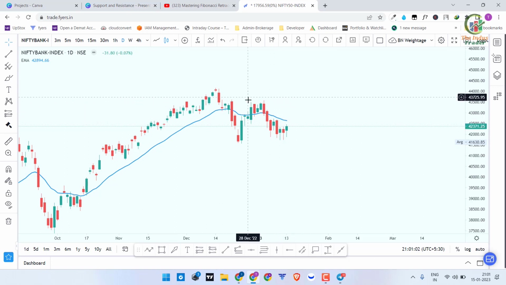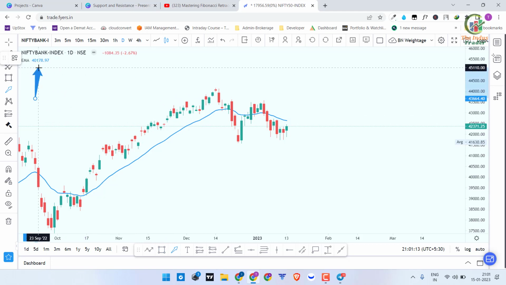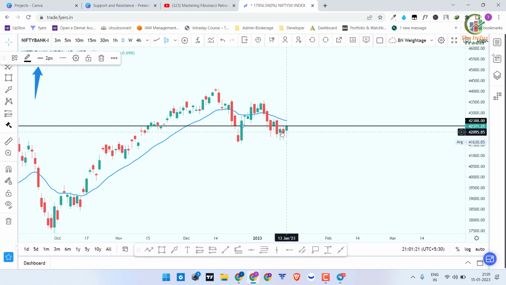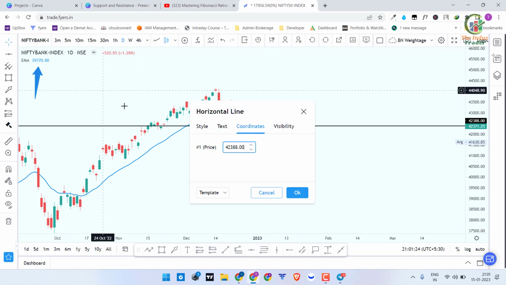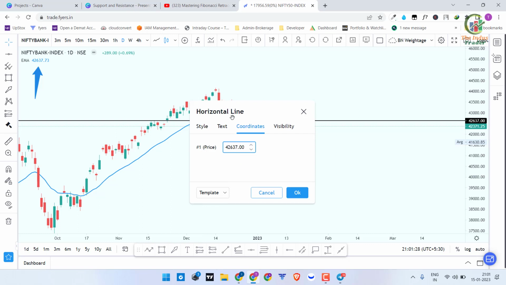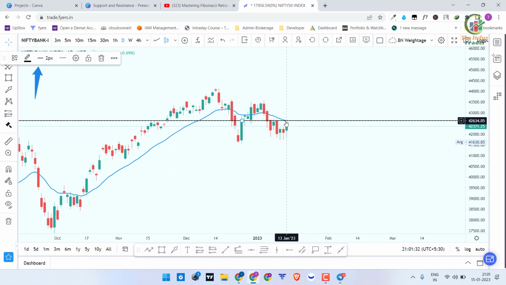I don't want to make this video longer by repeating it. But you just keep watching this level, that is the EMA. If you see 42,637, let's mark that level, 42,637. This is an important resistance.